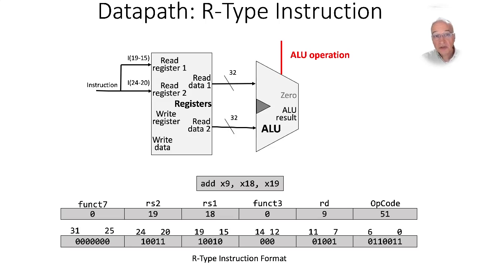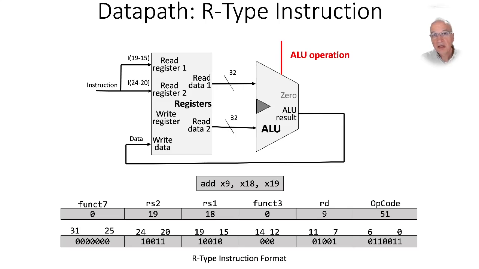I'll take this result and I need to write it in register 9. Therefore, I need to carry this result back to the write data port of my register file. That will be a 32-bit line. Now I will take bits 7 to 11 of my instruction, and I will specify that as the register where I have to write.